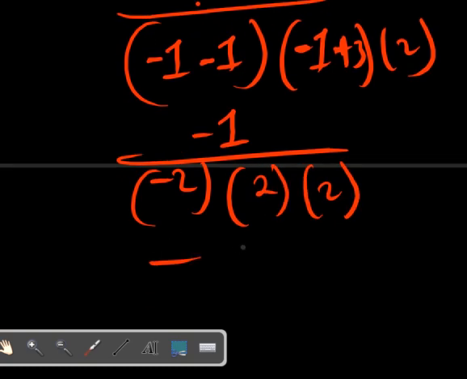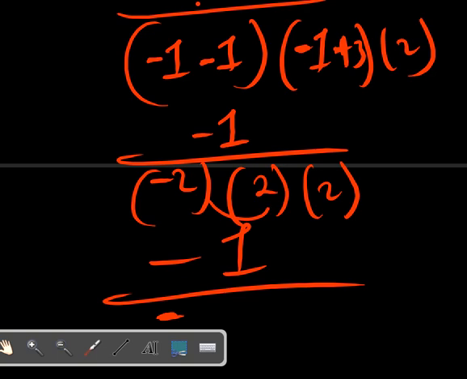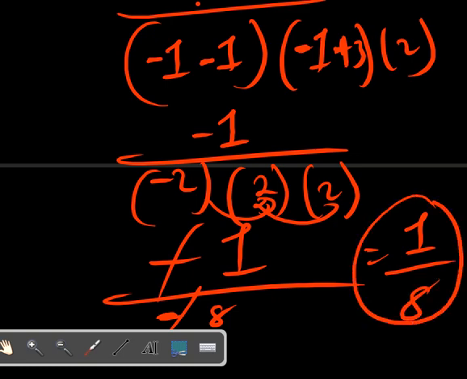So we have negative 1 on the top, and negative 2 times 2 times 2 gives negative 8. The negatives cancel, and we have 1 over 8 as our answer.